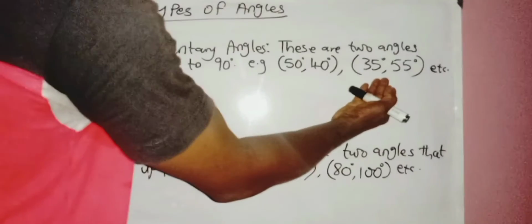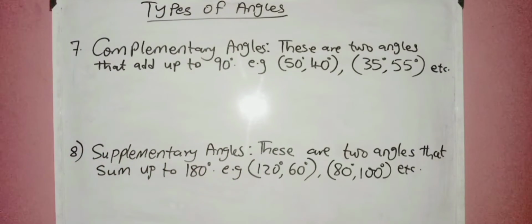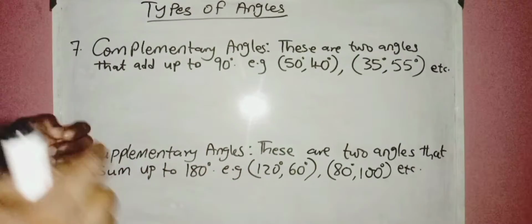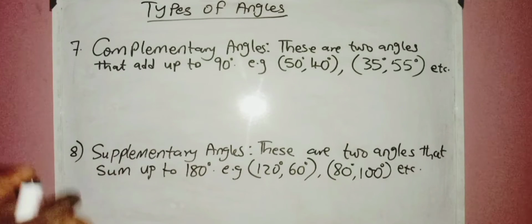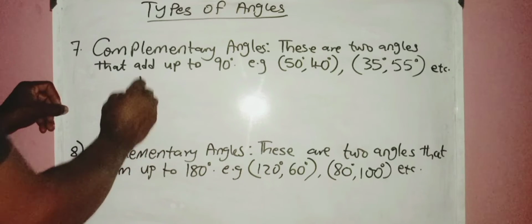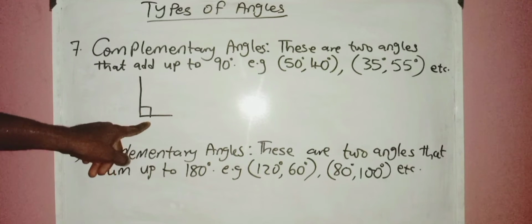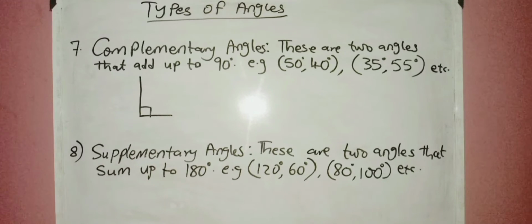Likewise, this one, 35 degrees plus 55 degrees, will still give us 90 degrees. So when two angles are added up to give 90 degrees, those two angles are said to be what? Complementary to one another. For example, you have something like this. Remember this diagram, this is an indicator of what? A right angle. A right angle is an angle that is equal to what? 90 degrees.